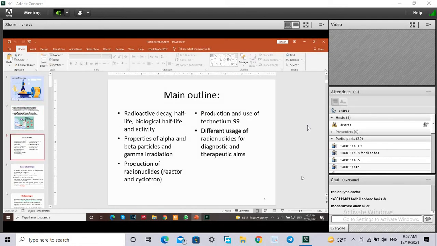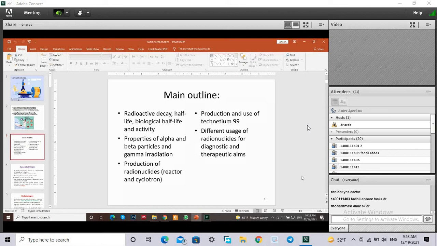At first, I will give the main outline of the nuclear medicine chapter. At the beginning, I will define the main concepts in the physics of nuclear medicine, including radioactive decay, half-life, biological half-life, and also activity.